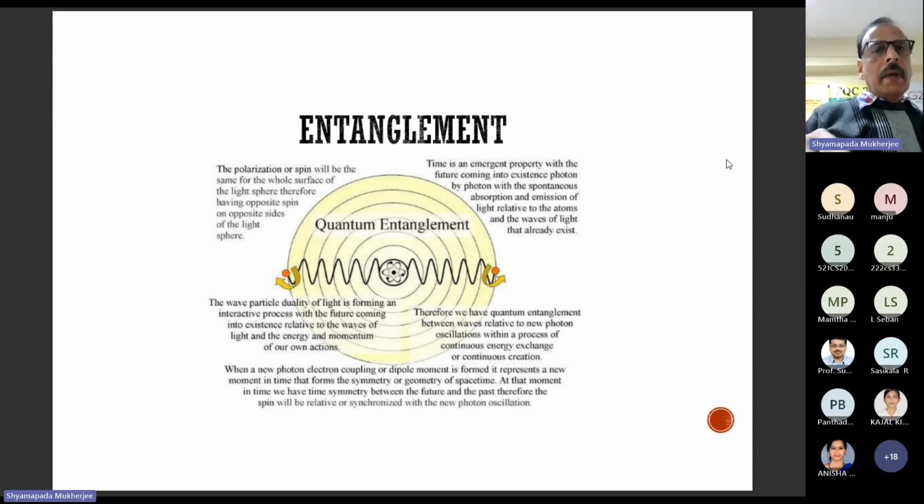But in quantum mechanics, it does not happen. In quantum mechanics, if the two particles come together, they will interact, and even if you take one particle to infinity, there is some linkage between this particle and that particle. If you do something here, there will be a change in that particle also. That is called your entanglement.